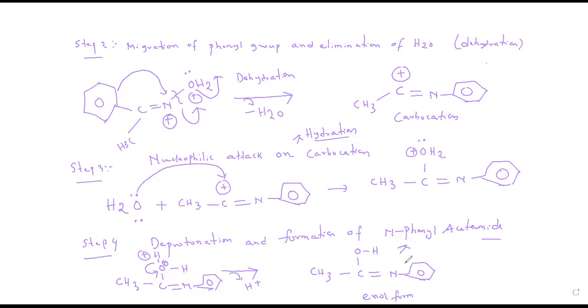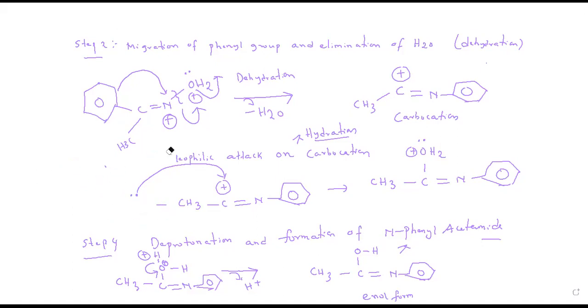So what do you mean by enol? En refers to the presence of a double bond. OL refers to the presence of the OH group here. So this enol form has the capability to convert into a keto form. That is, keto-enol tautomerism can occur.